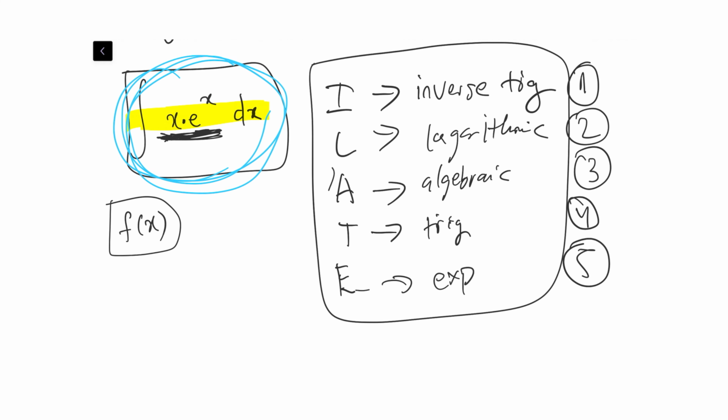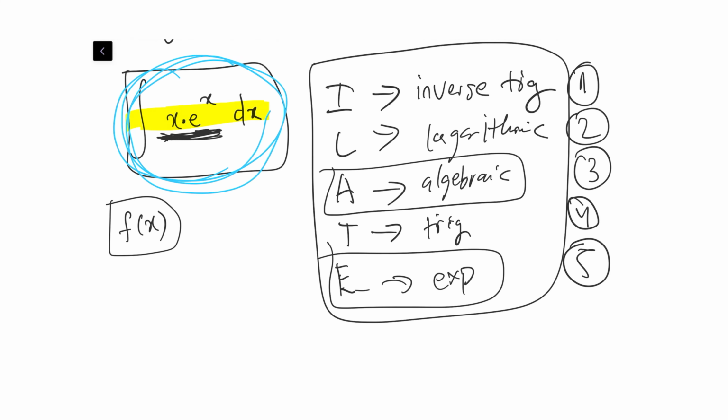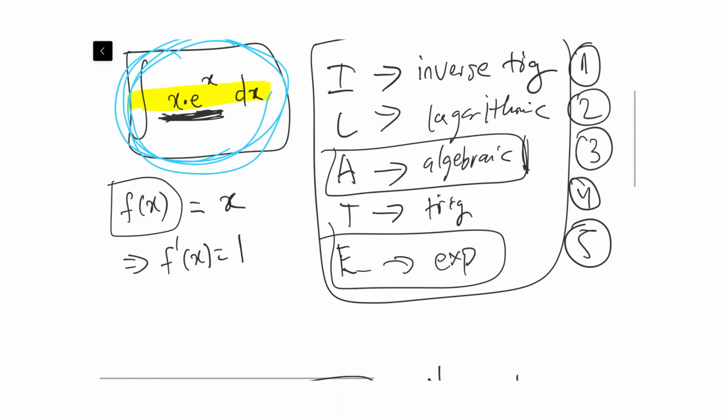Well, in our list here, we have algebraic comes before exponentials. So that means that we should let f of x be equal to x, the algebraic expression, because it comes first. So that when we differentiate it, f prime of x would be just 1. And then we could let g prime of x be equal to e to the x, so that when we integrate it, we get e to the x, which is simple.